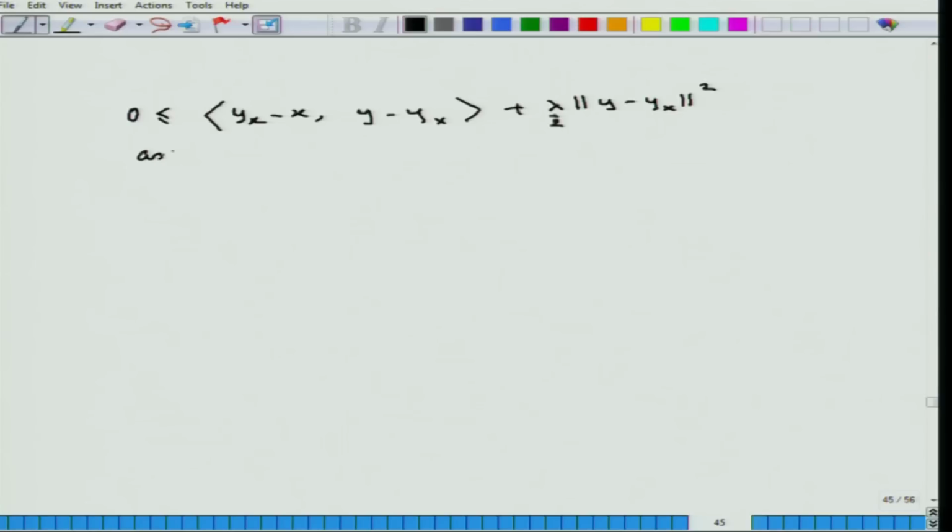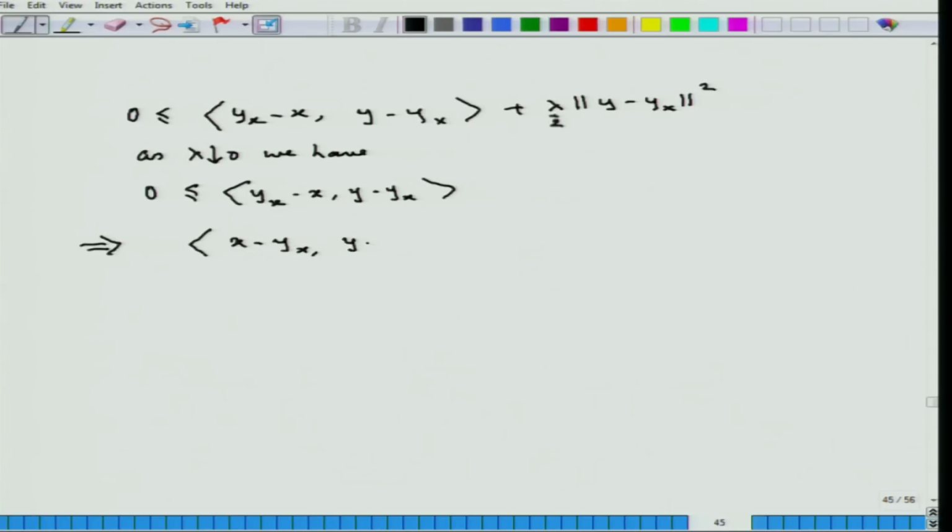Now, as lambda goes to 0 from the positive side, this would imply that the inner product of x minus y x and y minus y x is less than or equal to 0. Since y was arbitrary, just any element in C, this is true for all y in C.